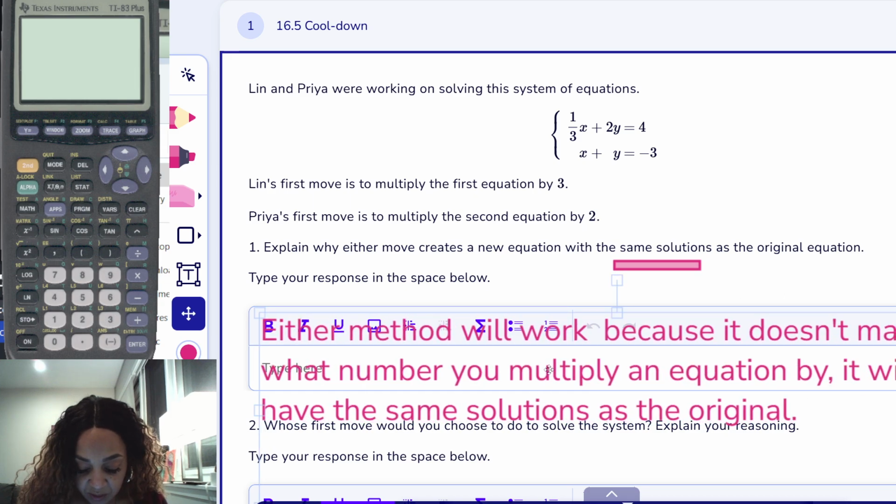So you can put this in your own words, but something to the effect of either method will work because it doesn't matter what number you multiply an equation by, it will have the same solutions as the original equation.